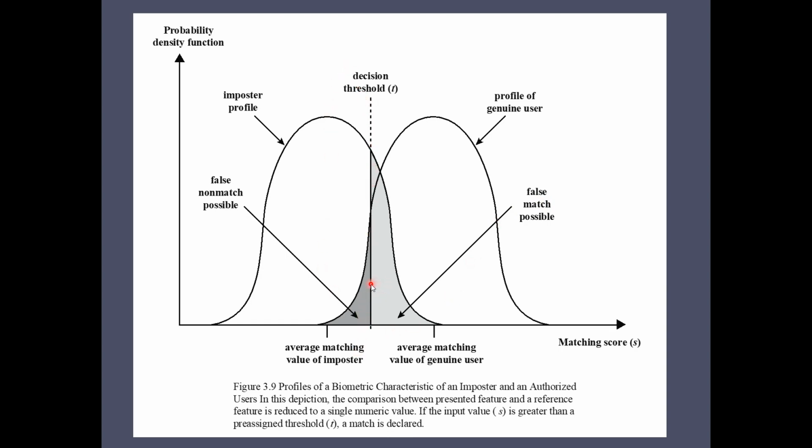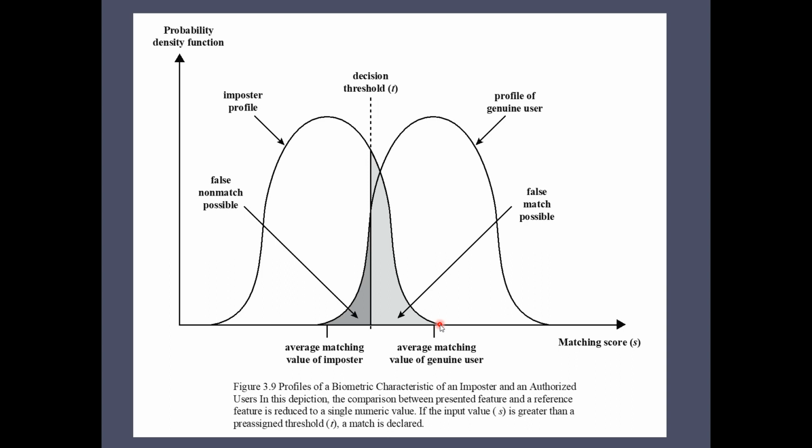So if we move the threshold towards reducing it, by reducing the matching score threshold, the false rejection rate will be reduced, but the false acceptance rate will be increased. If we move the decision threshold towards a higher matching rate, the false acceptance rate might be reduced as well.